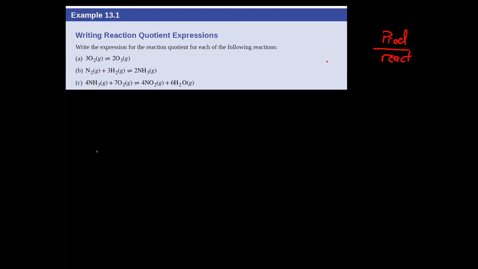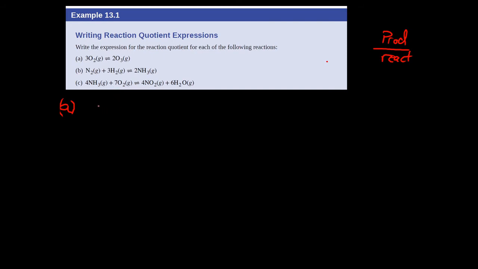So we're going to be writing out this ratio for each of these three reactions here. I'll do the first one, and I'll ask you to do the second and third one on your own. So we have 3O2, and it is in equilibrium with 2O3.